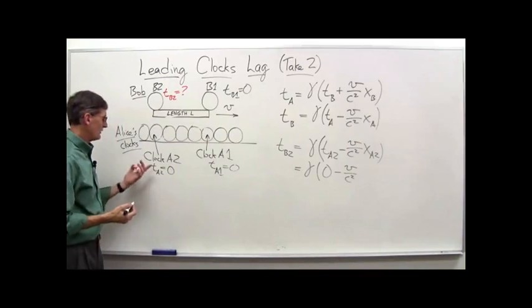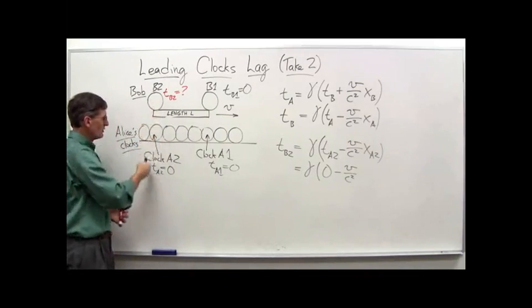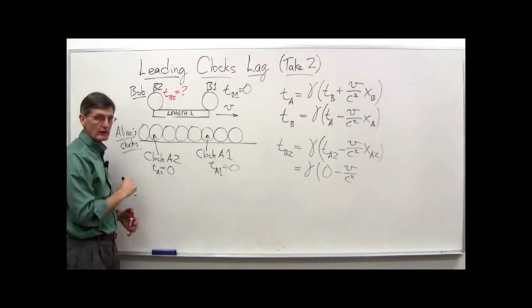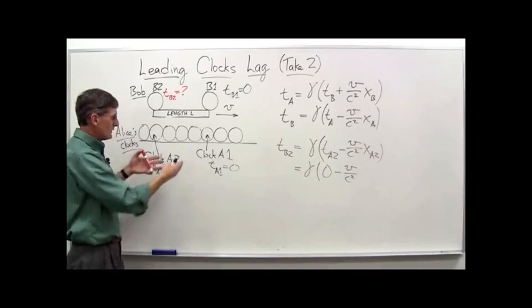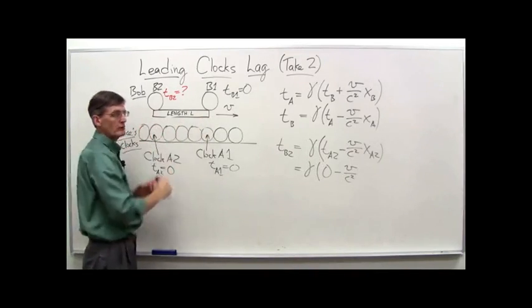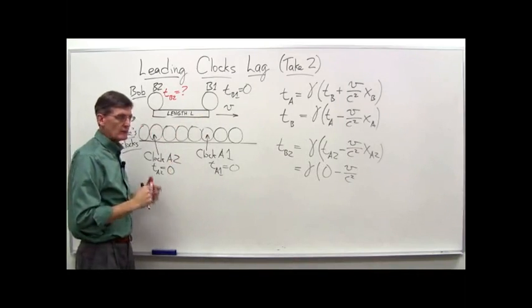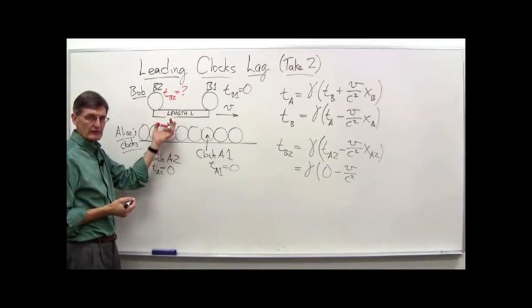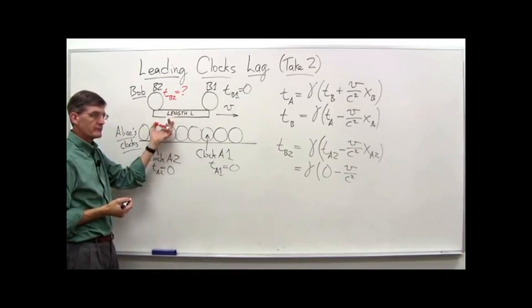Now, what is XA2 here? What is the position, the X location, as far as Alice is concerned, of her clock A2? Well, the only distance we have involved here is the length of Bob's spaceship, according to Bob. And remember, to Alice, that length is contracted. It's shorter.